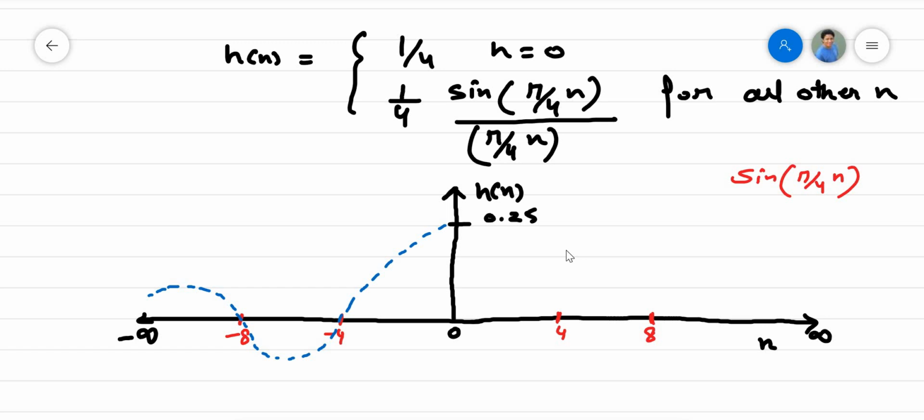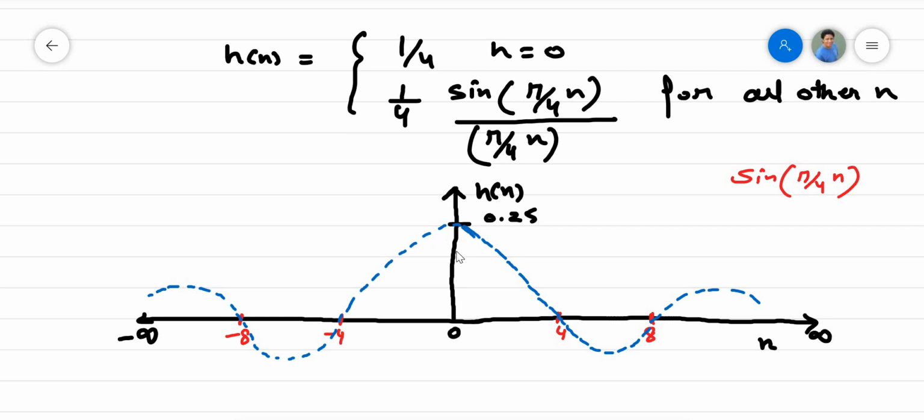So it will go like this, and the same here. It will be a kind of mirror signal on both sides, equivalent to each other. So it will go like this, cross at this, and then so on.